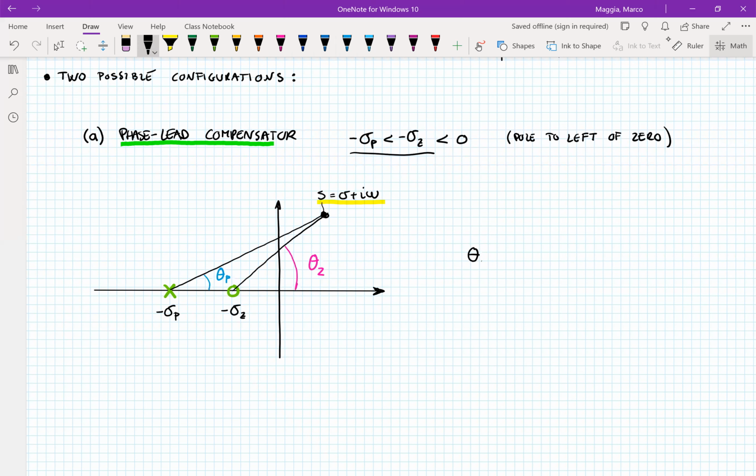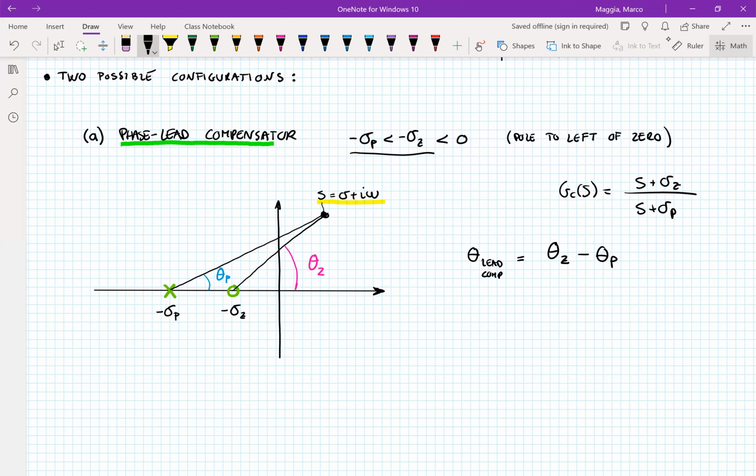So the angle for the lead compensator is the angle of the 0, which we add because it is at the numerator of our transfer function, and we subtract the phase of the pole.